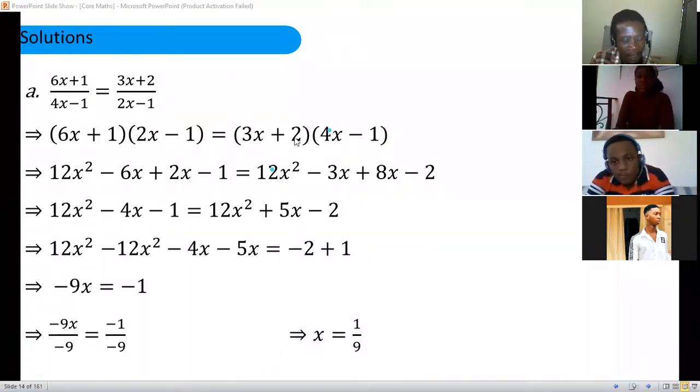Then we use the second term also to multiply through the terms in the second bracket. So that will give us 2 times 4x, we're going to have plus 8x because it's positive. Then we have 2 times minus 1 will give us minus 2.